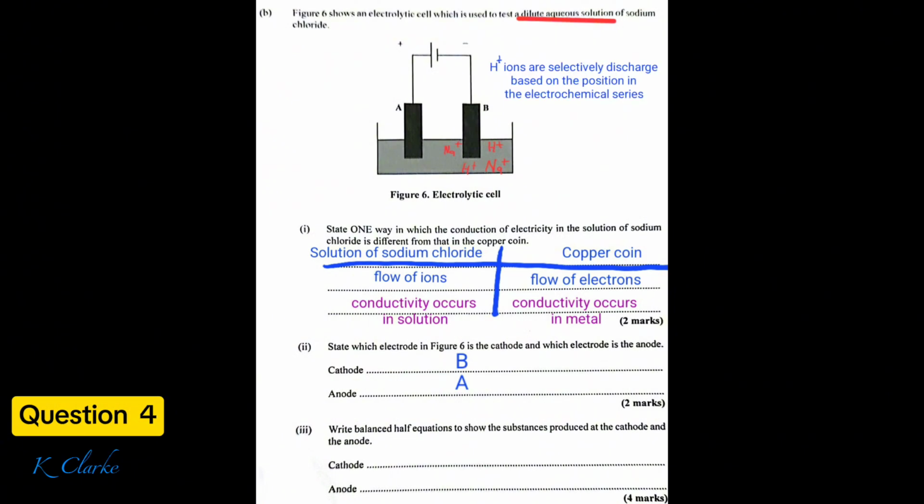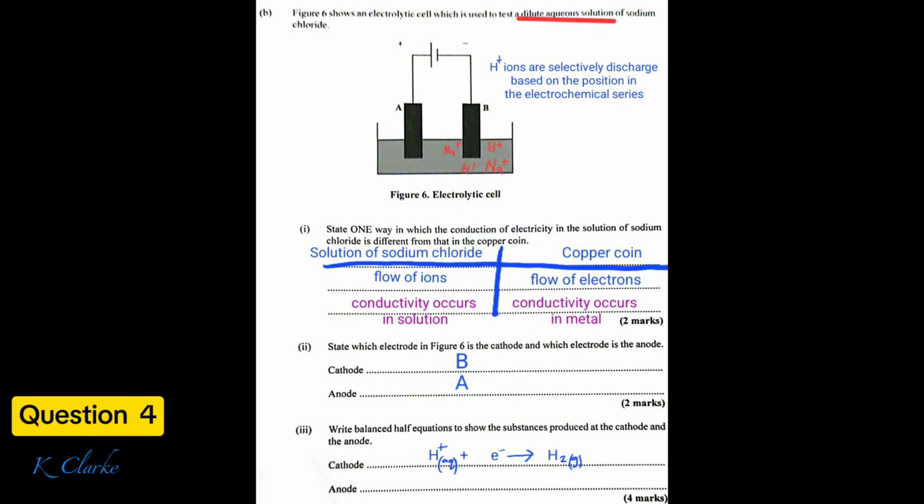Hydrogen ions are selectively discharged based on the position in the electrochemical series. Also, hydrogen cation is much easier to accept an electron than sodium cation. Then each hydrogen atom formed combines with another one to make hydrogen gas. Hence, the half equation is hydrogen cation plus electron to produce hydrogen gas.